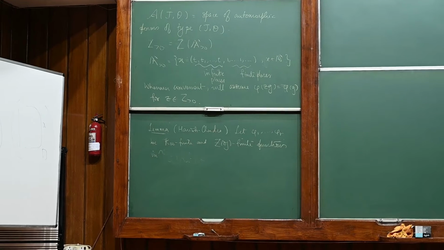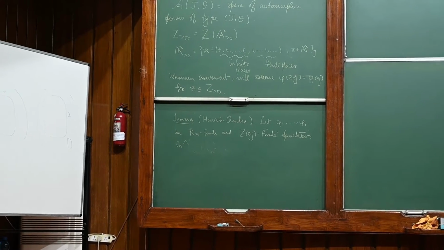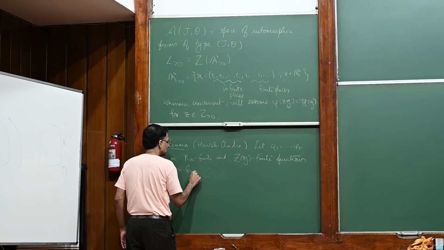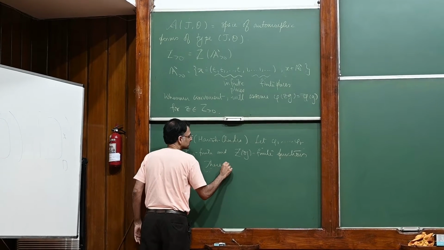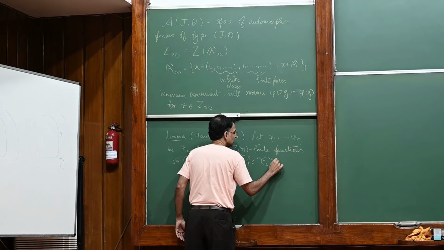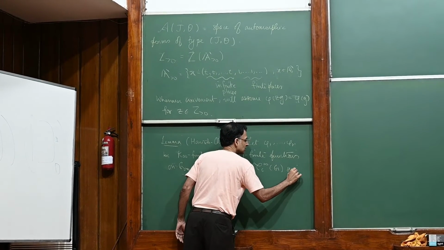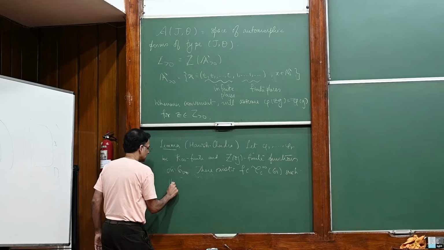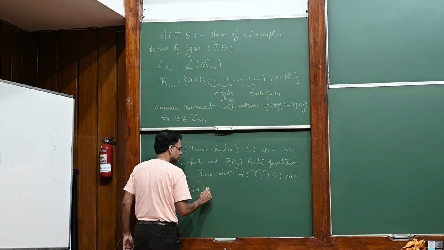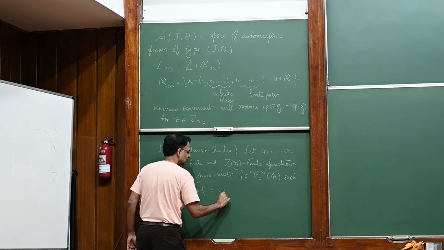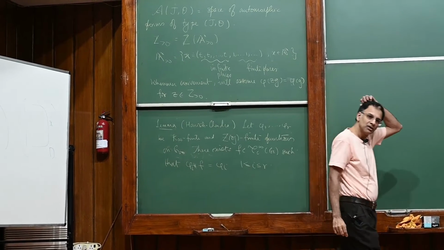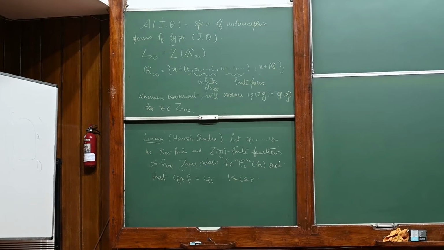Then there exists f in C infinity compactly supported on G infinity, such that phi i convolution f equals phi i for 1 less than or equal to i less than or equal to r. So this will be a useful lemma.